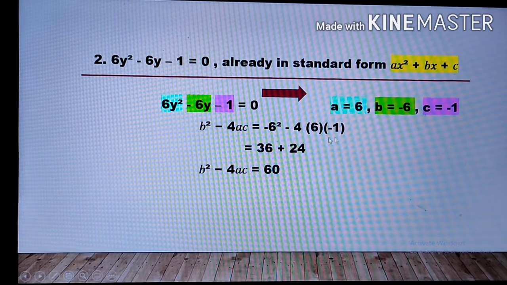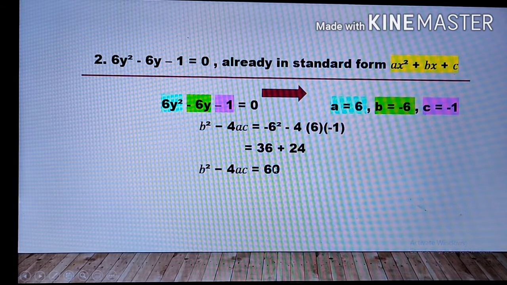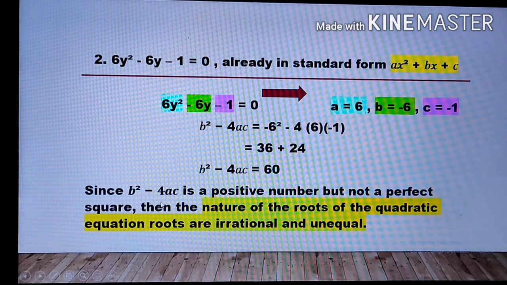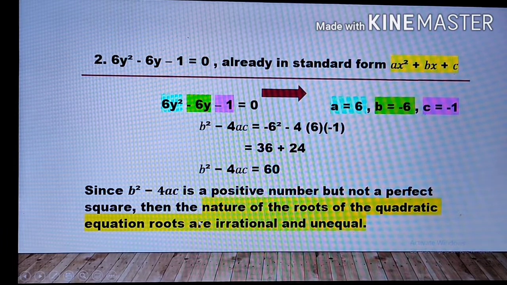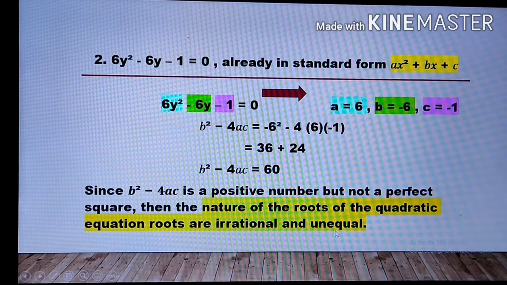The square root of 60 is not a whole number, so hindi siya perfect square. Therefore, since b squared minus 4ac is a positive number but not a perfect square, then the nature of the roots of the quadratic equation are irrational and unequal.